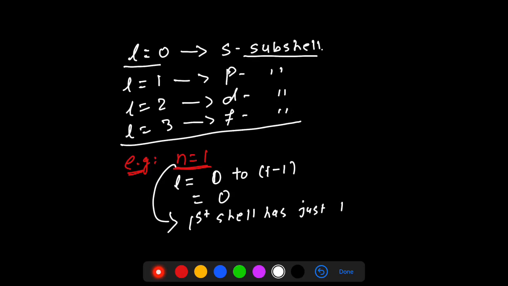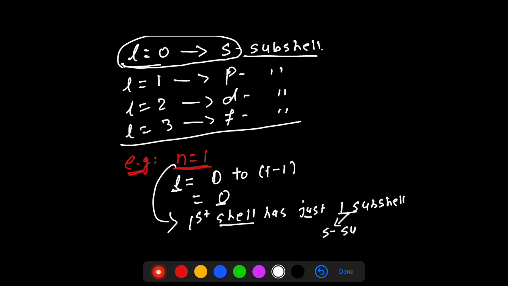We have just one value of L. So the first shell has just one subshell. The question is, which subshell is there? I'm not talking about the number of values, but what values of L there are. There is just one value of L, 0. For L equals 0, is it the S subshell? So the first shell has just one subshell, which is the S subshell.